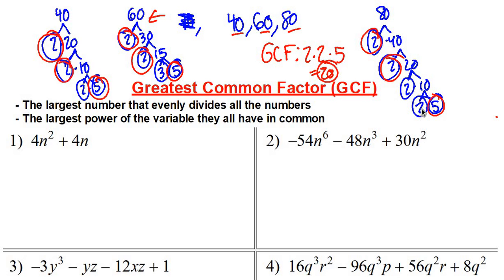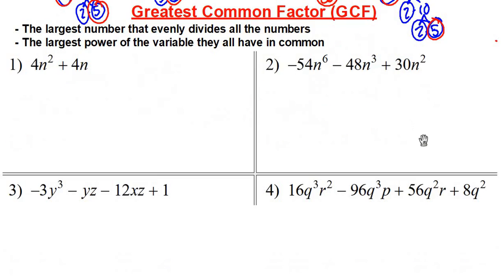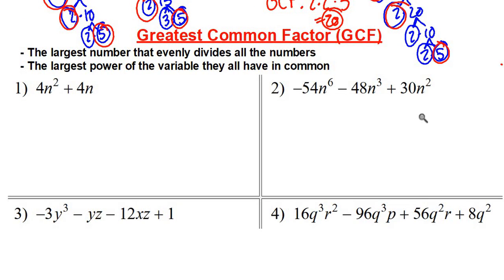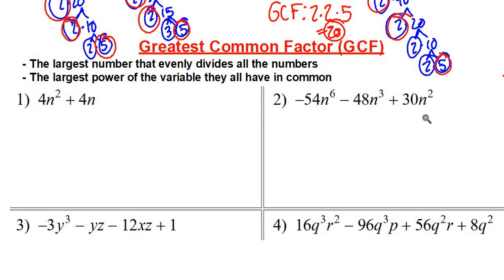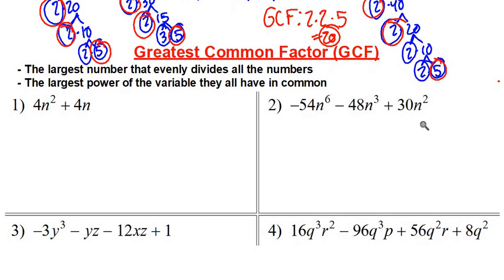So let's now apply that to variables. So if you look at these examples right here, we are looking for not only the largest number that goes into them, but also the largest power of n that they have in common, or x, or whatever variable we happen to be using. So in this case, 4n squared and 4n, okay, the greatest common factor will be, well, we know for sure that the 4 goes into it.